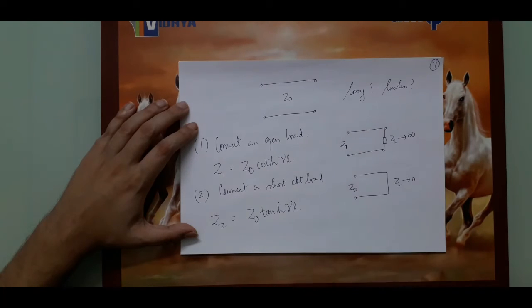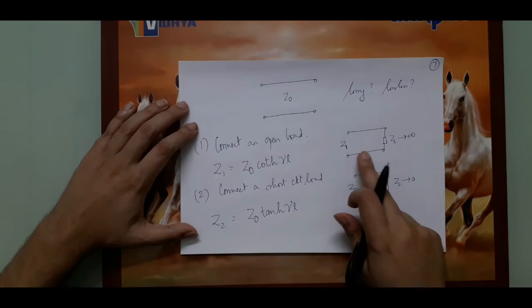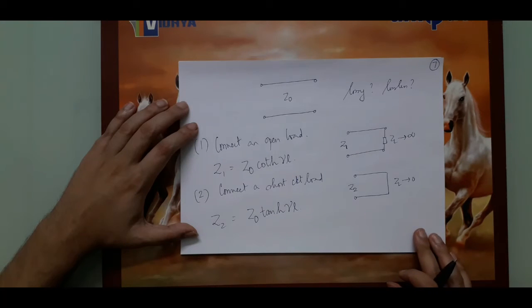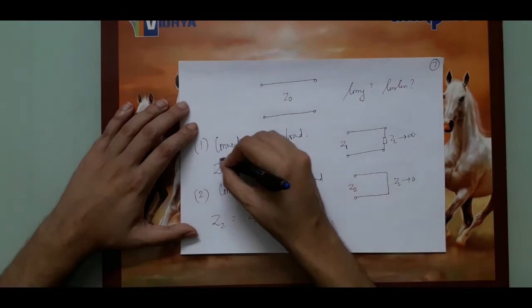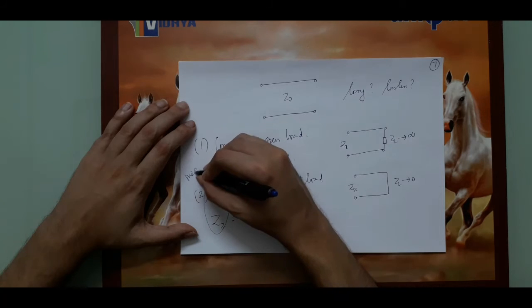Now how do you measure Z1 and Z2? There are specialized equipment called impedance analyzers which will help you measure the impedance. You cannot measure this impedance using a multimeter. So these two quantities are to be measured.